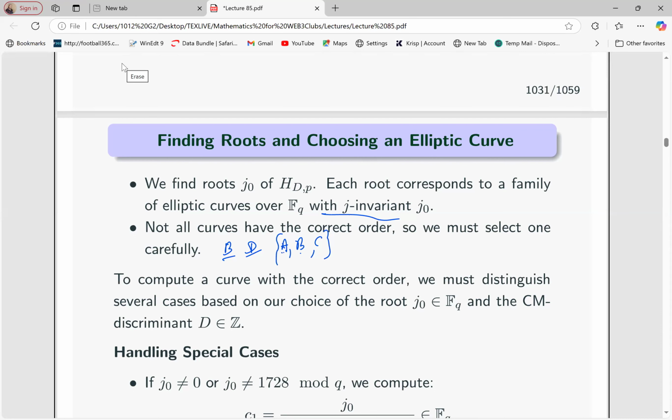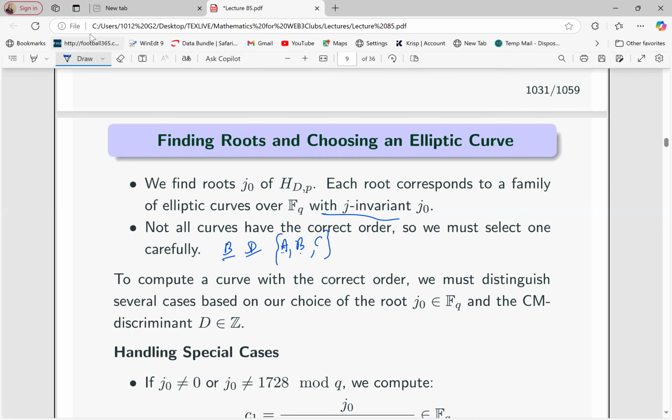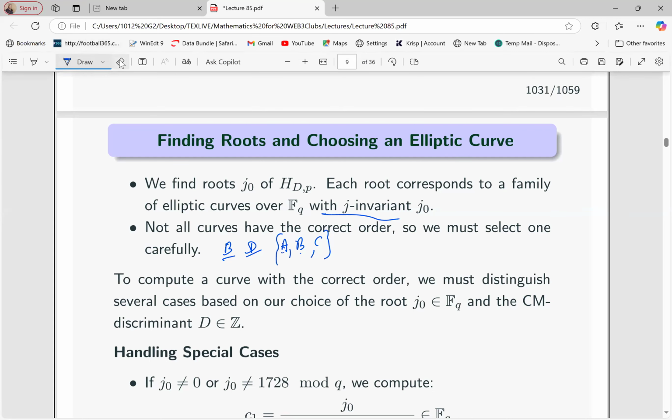Supposing that option has given you the J invariant, and then you try to check whether the order of the curve is what you wanted, because you wanted a curve of order 20. Then you discover it's not 20. It means you have to choose again another option of ABC, and use that to get another J invariant.